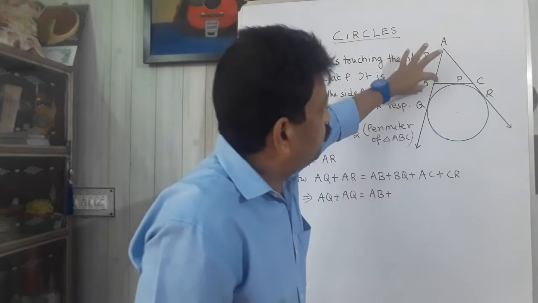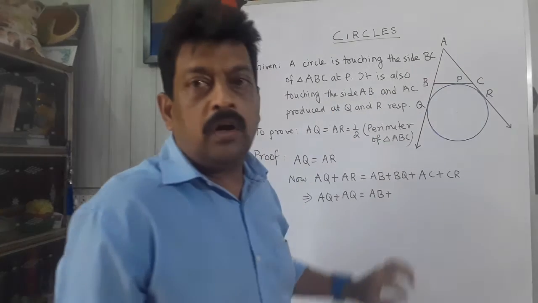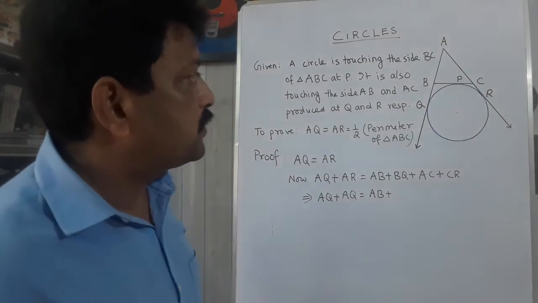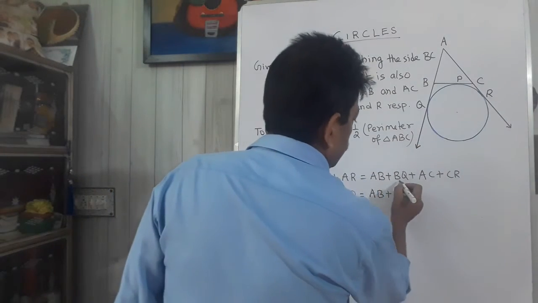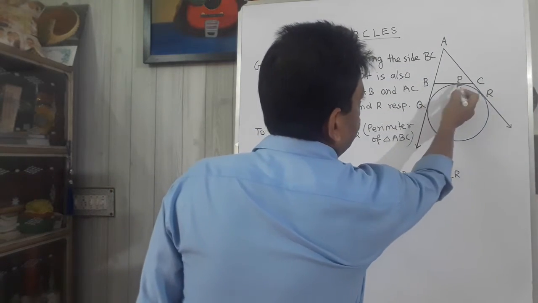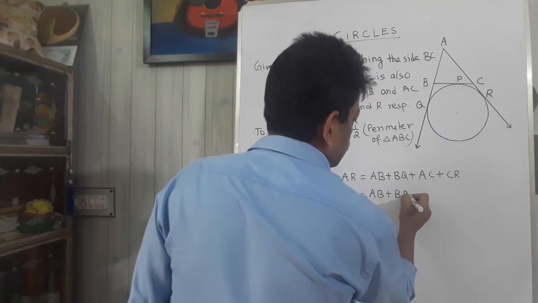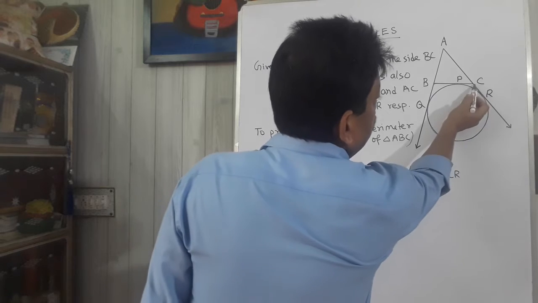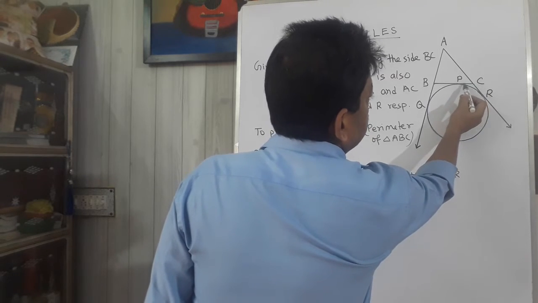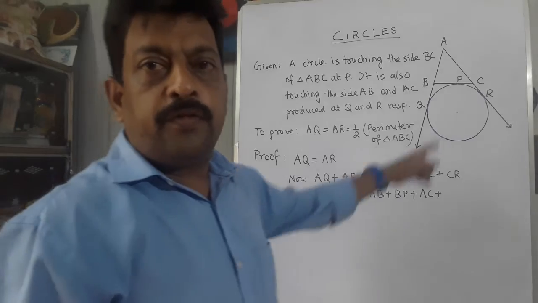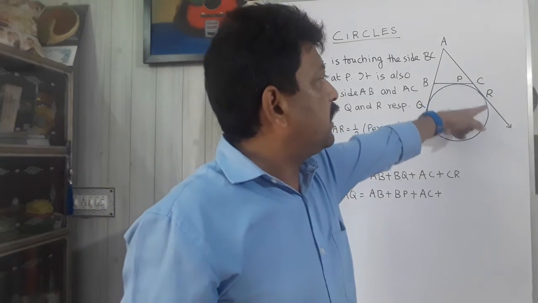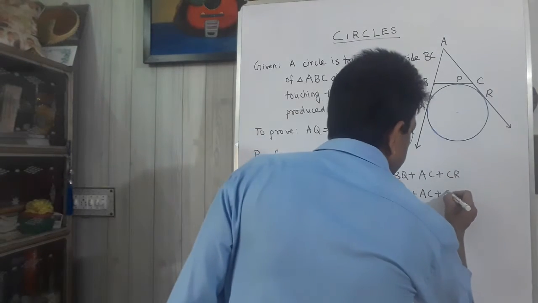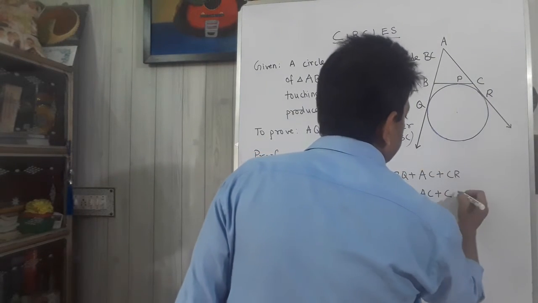They are equal because they are the lengths of the tangents drawn from an external point to a circle. So in place of BQ, I can write BP. AC will remain as it is. In place of CR, I can write CP also, because from point C, CR and CP are two tangents to a circle. Therefore, their lengths are equal. So in place of CR, I am writing CP.